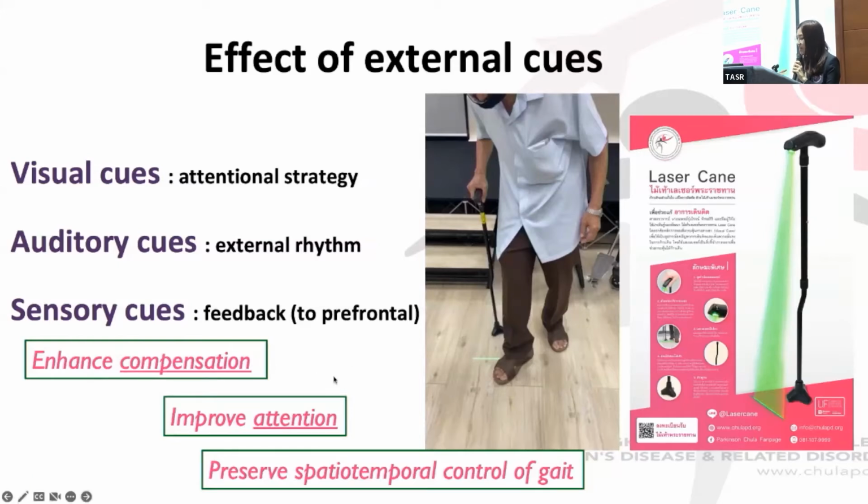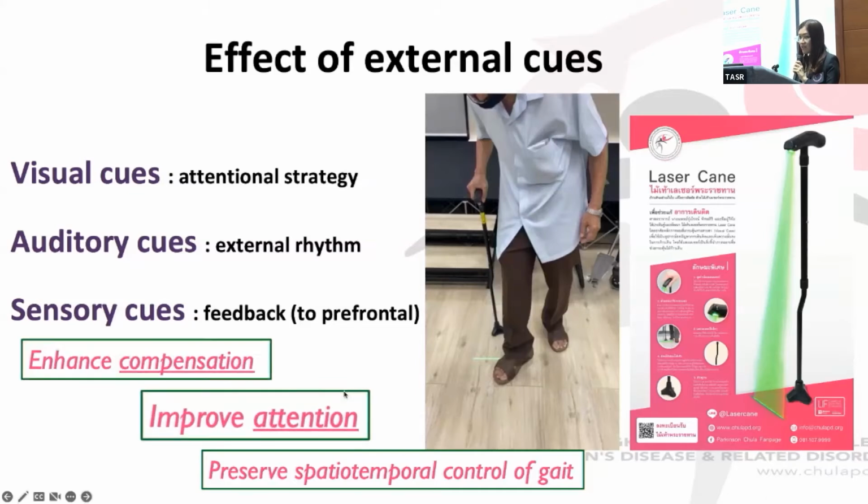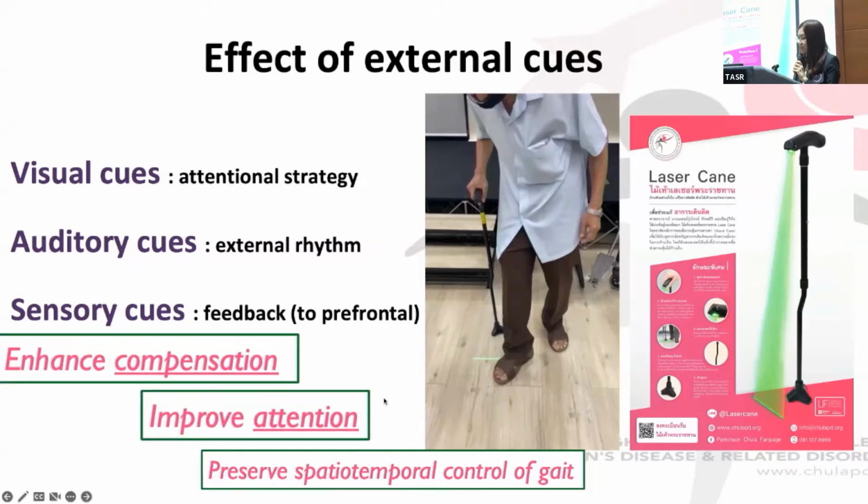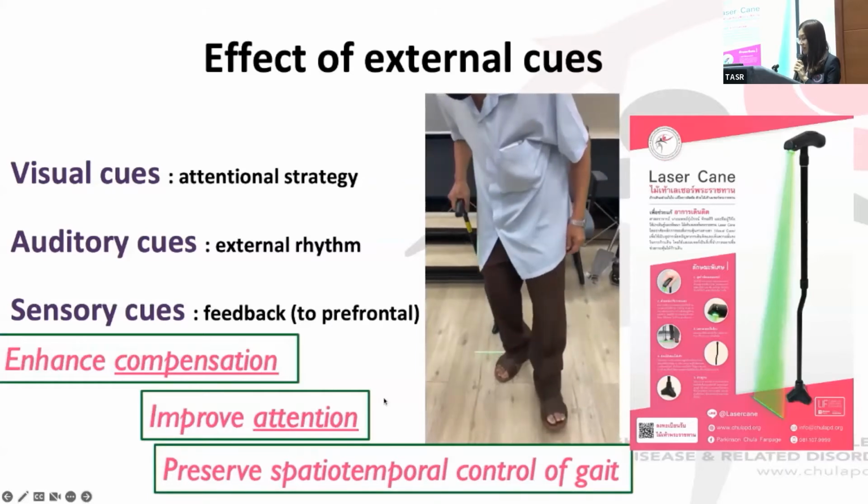And there are many types of cues, including visual, auditory, or sensory. Each patient responds to each cue differently because the mechanism of action is different. However, there are common mechanisms. Cues improve the attention of patients. The patients pay attention very much to the light of the device. And also the compensation is enhanced, which preserves the spatial temporal control of the gait.